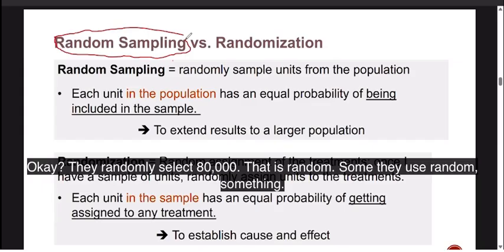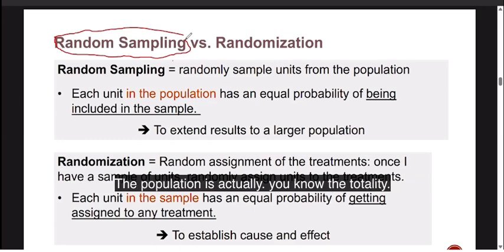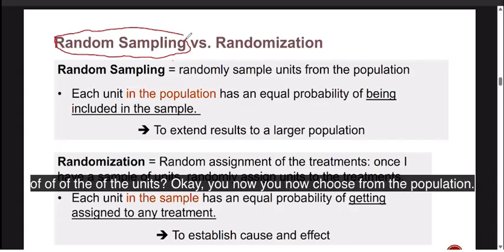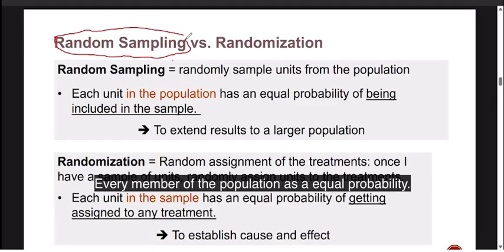When you randomly sample units from the population, which is the totality of the units, you choose from the population. That is what we call a random sample, in such a way that every member of the population has an equal probability of being chosen.